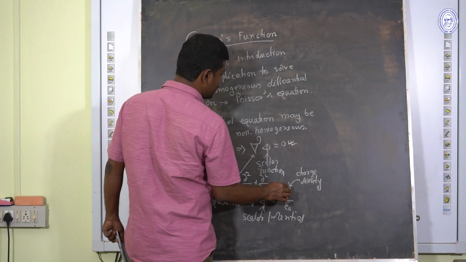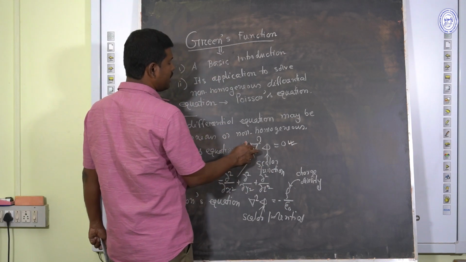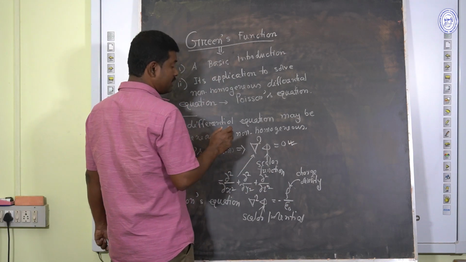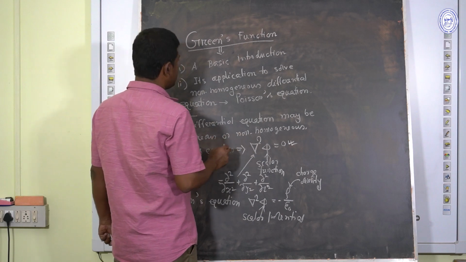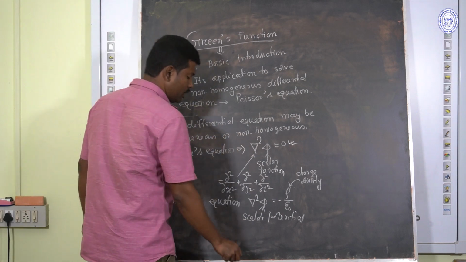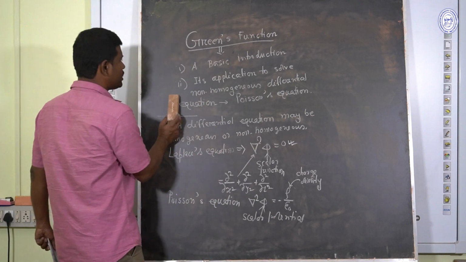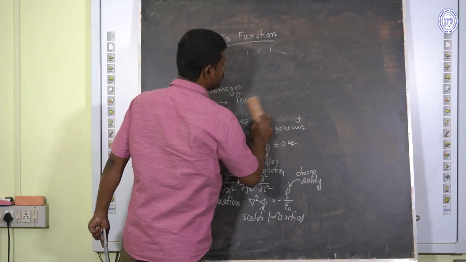So this is a non-homogeneous equation and the other is a homogeneous equation, and Green's function is used to solve non-homogeneous partial differential equations.